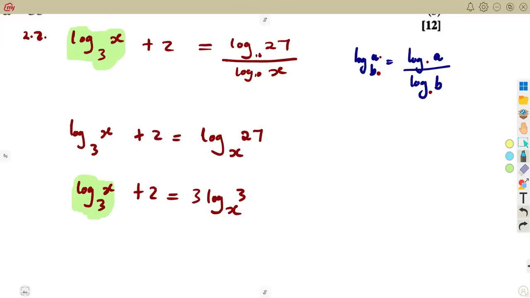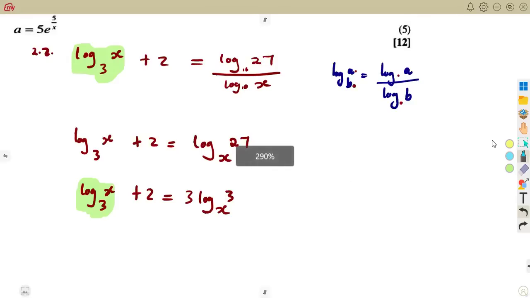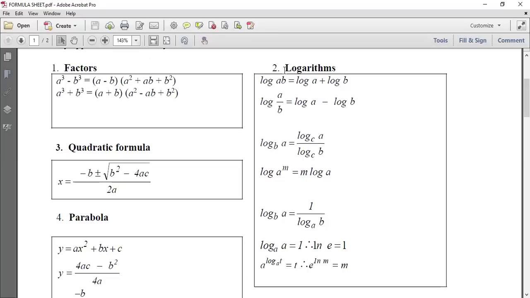Is it possible for a log 3 in base of x to be written as log x base 3? Is it possible? Yes, it's possible. From which law? There is a law which changes the base automatically. Log A in base of B. If we want to change this, these two, if we want to interchange this, we introduce 1 over.